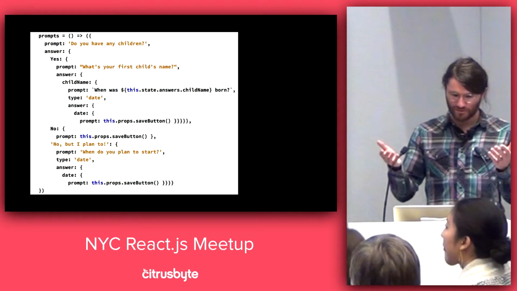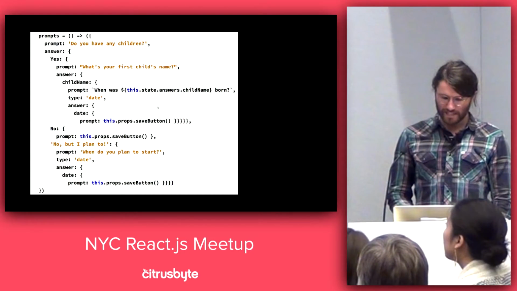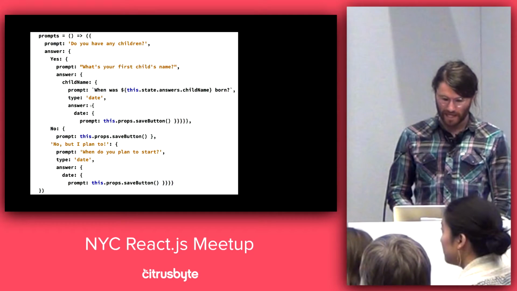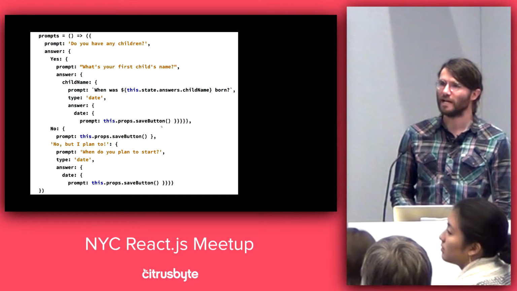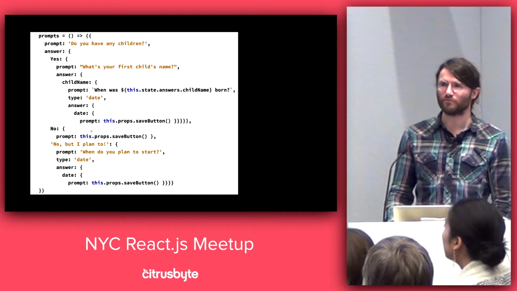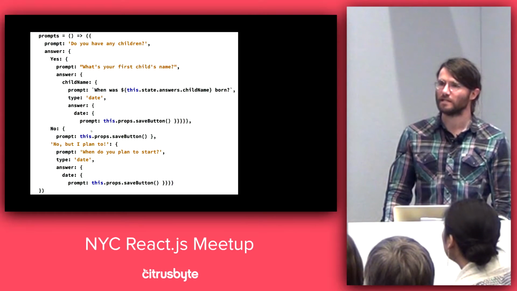My first approach was more like, I would have this.state.answers child name as the key, or this.props.save button, a function call, as the key. And you can't have a function as a key in JavaScript. Keys have to be strings.